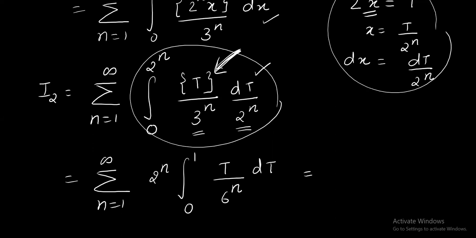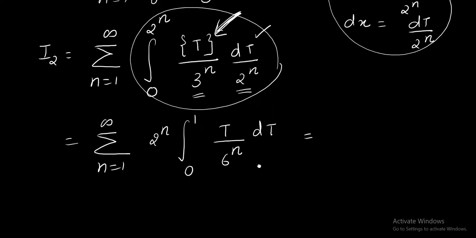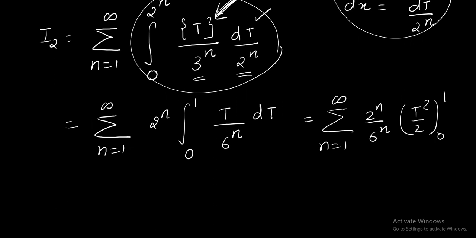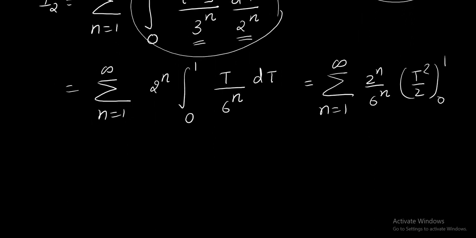Integration of t upon 6 power n, where n will be treated as constant. So I'm going to write it as sigma n is equal to 1 to infinity 2 power n upon 6 power n. t dt integral will be t square by 2, putting the limits 0 to 1. So we are just about to end the question. We are getting sigma n is equal to 1 to infinity 1 by 3 power n into 1 by 2, right?